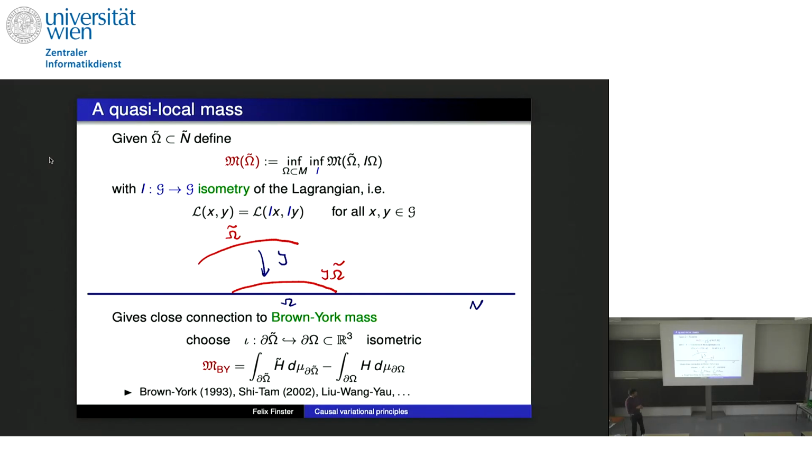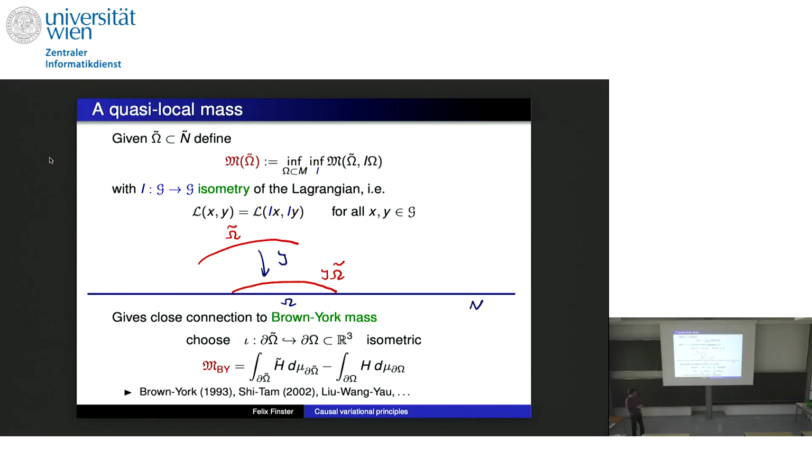Here I allow for an isometry. Of course, there's no Riemannian metric here. So what I mean by isometry here is simply that the Lagrangian is unchanged if both arguments are transformed. So I is a mapping from G to itself with the property that the Lagrangian is preserved in this sense.